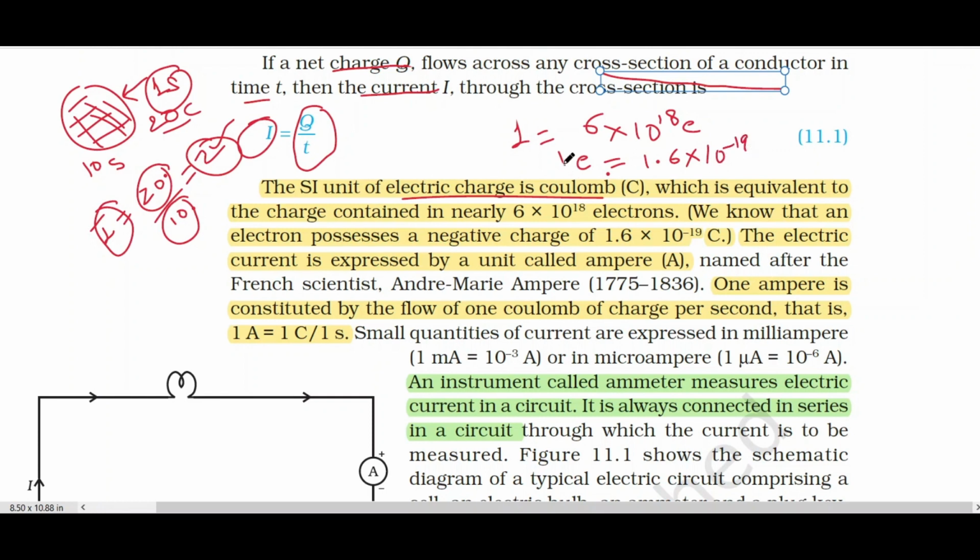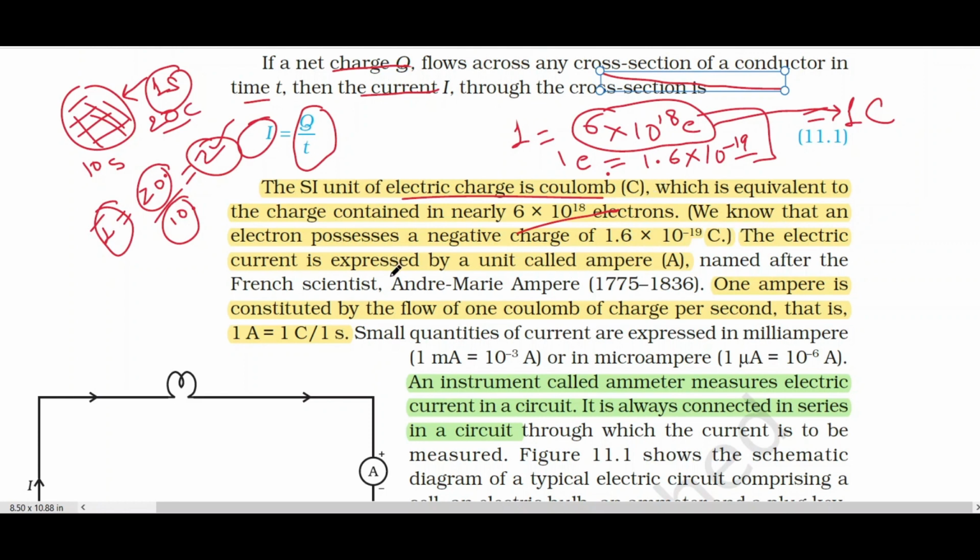Okay, and we are saying that हमें चार्ज देखना है 6 into 10 to the power of 18 इलेक्ट्रॉन्स का. तो अगर एक इलेक्ट्रॉन का चार्ज इतना है तो 6 into 10 to the power of 18 इलेक्ट्रॉन्स का चार्ज कितना होगा? If you multiply these both, you will get 1 unit coulomb. तो 6 into 10 to the power of 18 इलेक्ट्रॉन्स का जितना भी चार्ज होगा that is 1 coulomb.